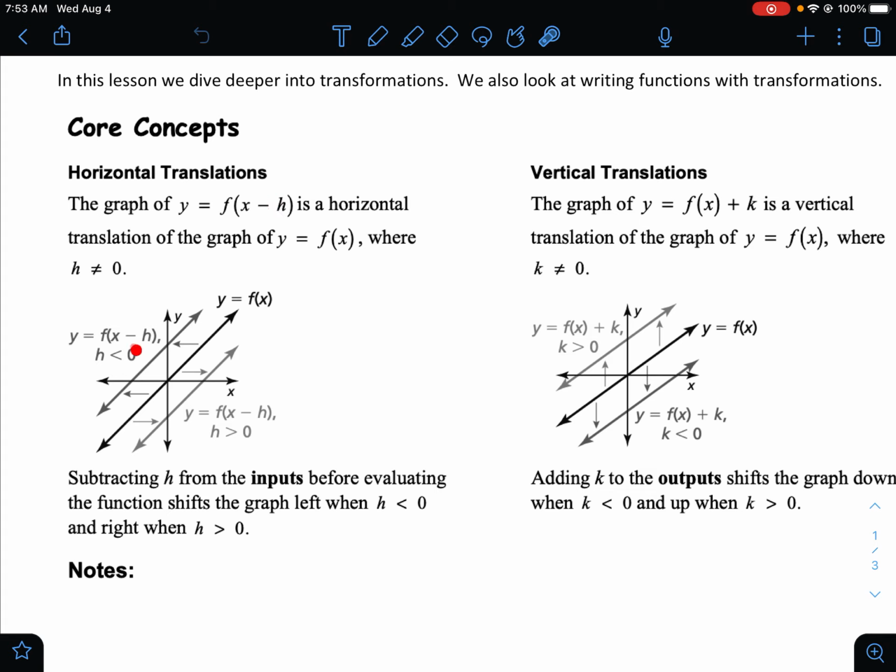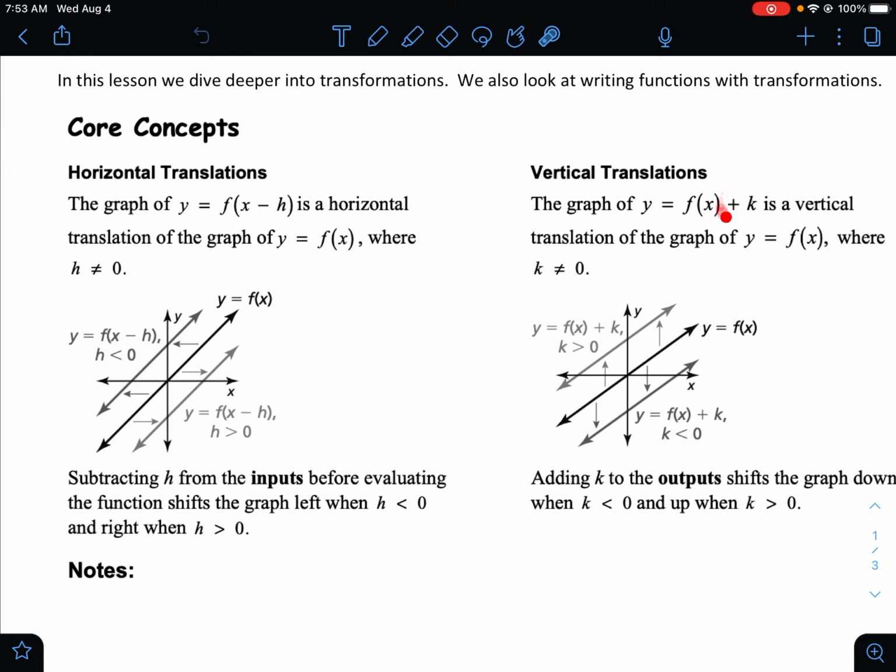So when we see minus h, when h is negative, you actually get it going to the right, and if h is positive, then it ends up moving left, which is opposite the way you think it would be. So we have to keep that in mind. If this number in here is a negative, then it will go right, and if it's positive, it will go left.